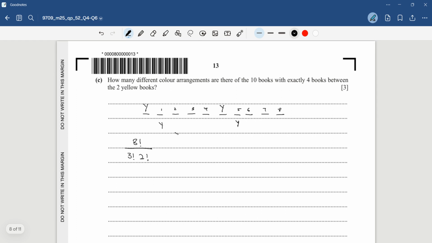So I can put my yellow here and yellow here. So I got 1, 2, 3, 4, 5. Five possibilities I can put my yellow books. Okay, there are five different ways. So you calculate this, it will be 16800.